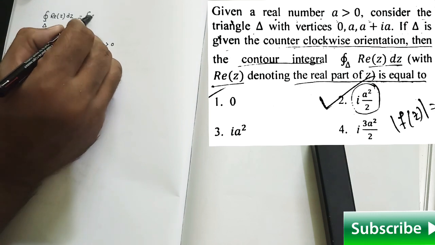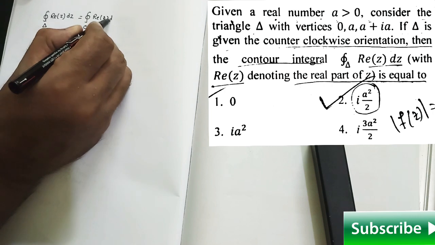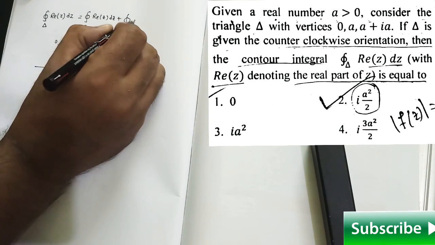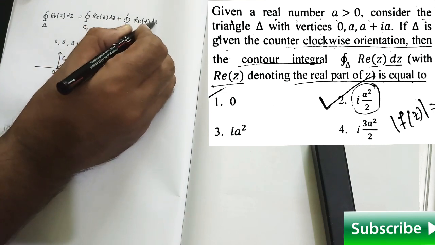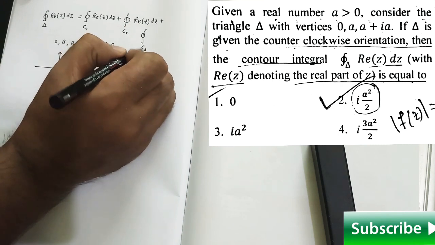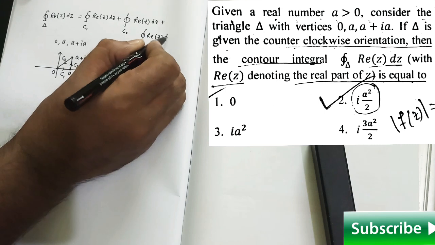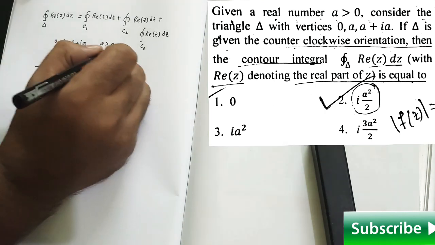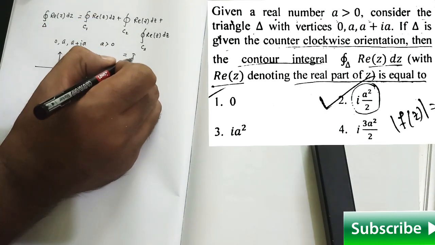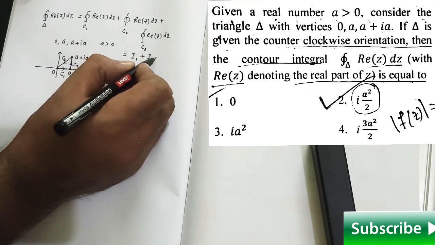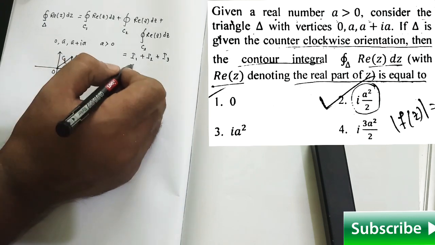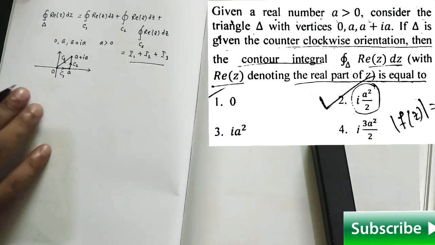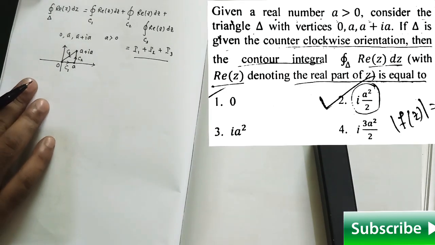Line integral along C1 plus line integral along C2 plus along C3. Here denote this one as your I1, this second one as I2, third one as I3. I am doing all the steps explicitly so that it will be better to understand.